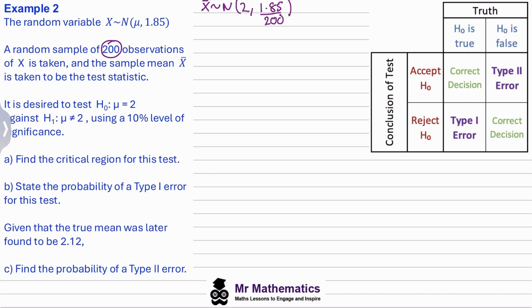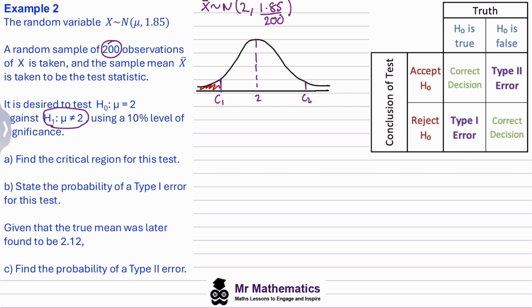And I'm going to sketch this distribution. So our mean, we're assuming, is 2, and because the alternative hypothesis is it's not equal to 2, this is two-tailed, where we're looking at C1 and C2. And these are our two critical values.